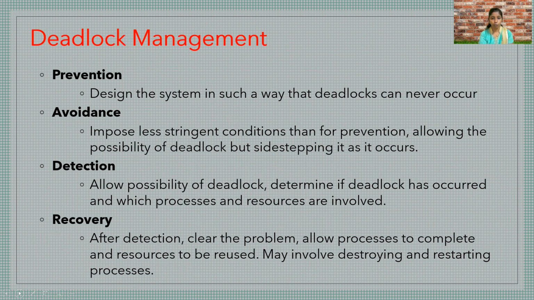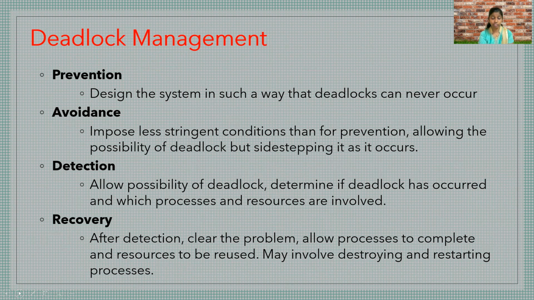Avoidance is a method or a set of techniques where we impose conditions for prevention, so that we do not allow the possibility of deadlock to enter. Every possibility of deadlock should be stopped using a deadlock avoidance algorithm.